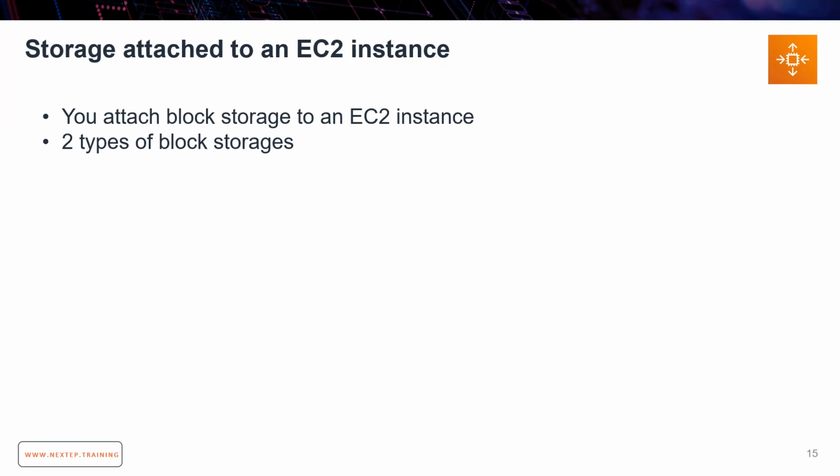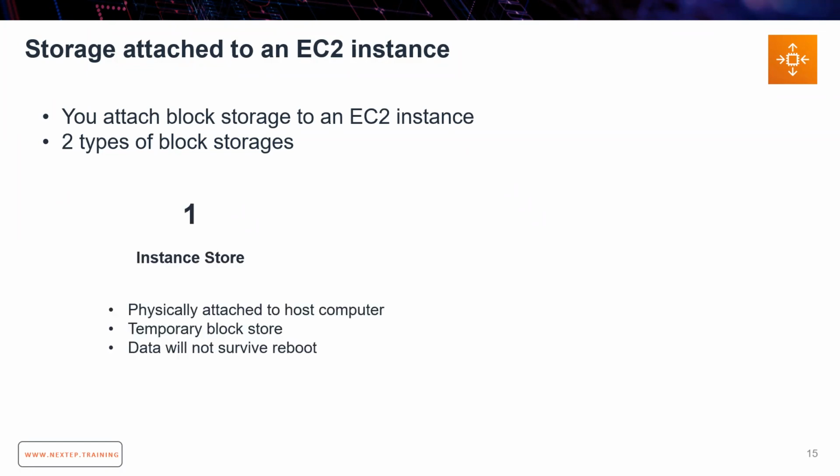So there are two types of block storages. One is instance store. Briefly we talked about it. Instance store is something that is ephemeral. It's temporary, physically attached to the host computer.